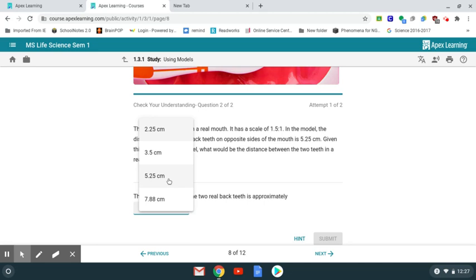So let's go 5.25 divided by 5, and I got 1.05. The distance between the two real back teeth.